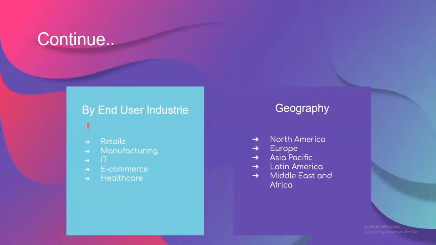Then by end user industry, there are retail, manufacturing, IT, e-commerce, healthcare, and many other industries using or moving to microservices. And by geography, North America, Europe, Asia Pacific, Latin America, Middle East, and Africa are adopting microservices. So on that, does anyone have any doubt?